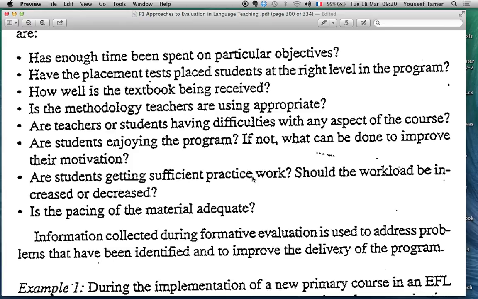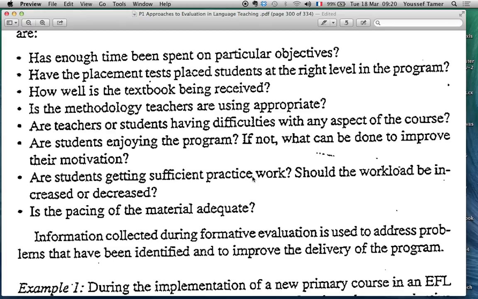Yes, long term, yes, I agree with you. Long term, of course, they need more time, but there are some objectives that need short time.